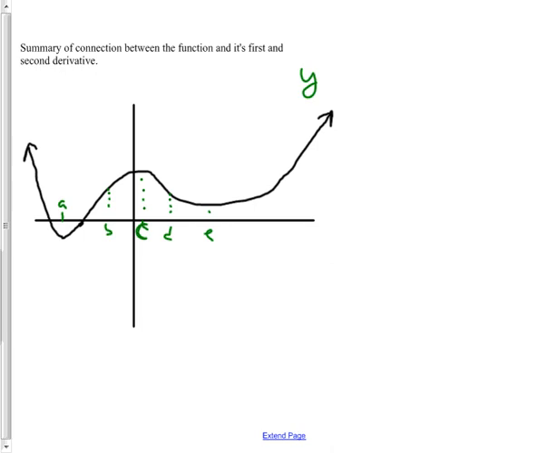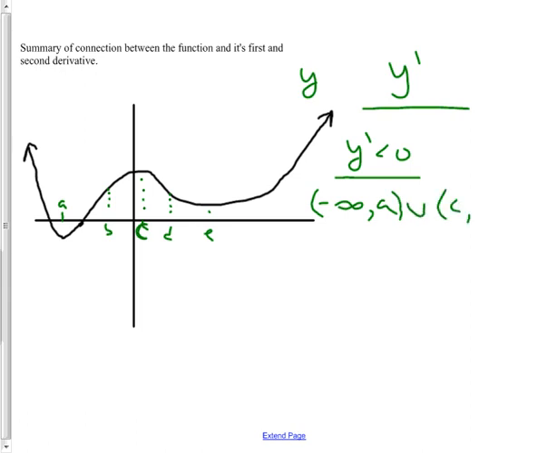The first thing that we could look at is y prime. On y prime, we know that y prime is going to be less than 0 anytime my function is decreasing. That's going to be from negative infinity up until a, and from c to b.